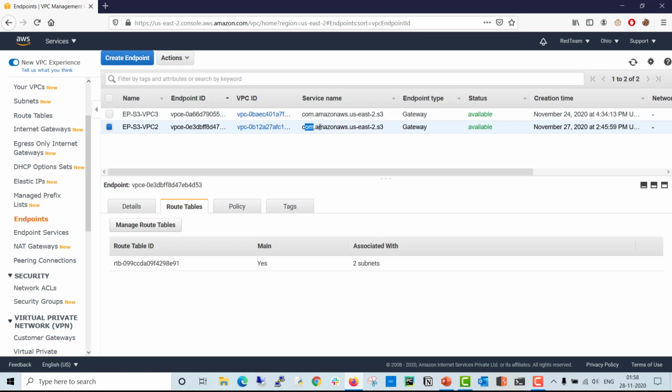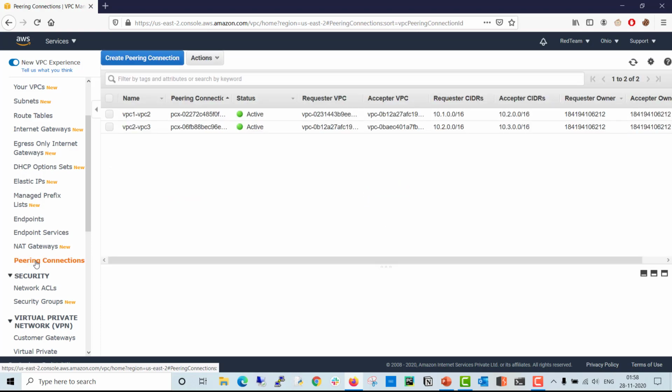Normally it would be accessible through the internet, but if you have this endpoint, you can access it using the VPC endpoint services.